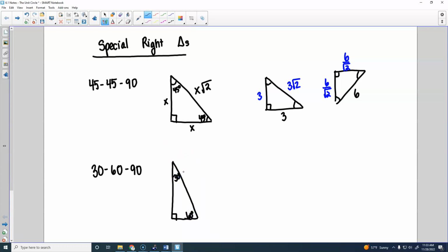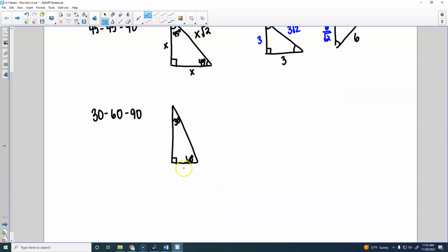In a 30, 60, 90, the side you really want to know is the short leg. If you know the short leg, then the hypotenuse is twice the short leg. And the longer leg is going to be the short leg times the square root of 3.